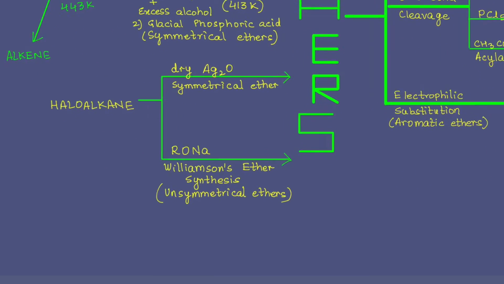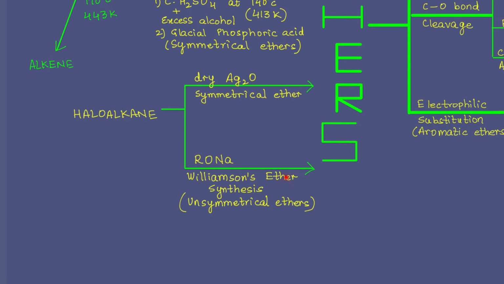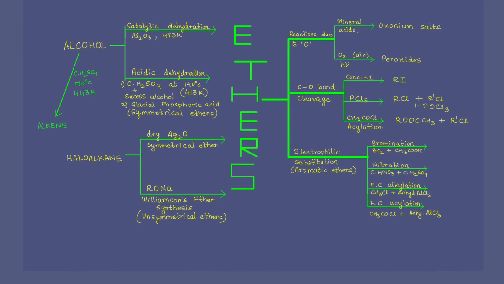And that is where the Williamson's ether synthesis comes to our rescue and says, okay, I can help you prepare unsymmetrical ethers. So what's that method? How do we do it? We are going to talk about a little later.